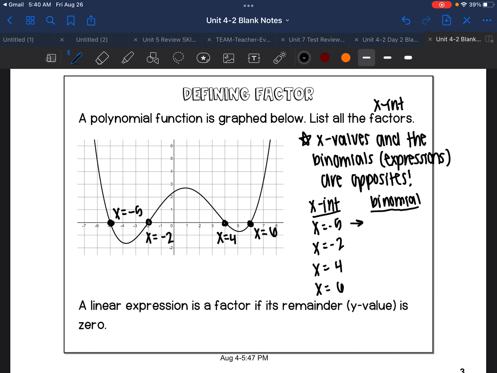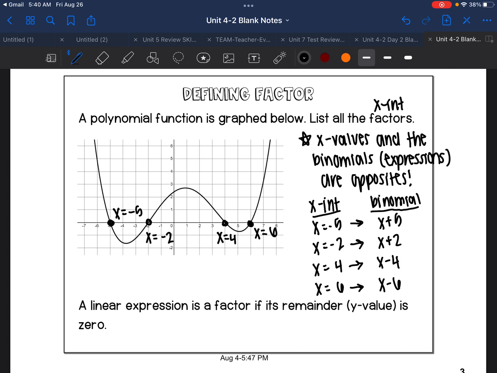So if we have x equals -5, then the binomial is x plus 5. If we have x equals -2, the binomial is x plus 2. X equals 4, the binomial is x minus 4. X equals 6 would be x minus 6. So you can see the x-intercepts and the binomials are opposite of each other.